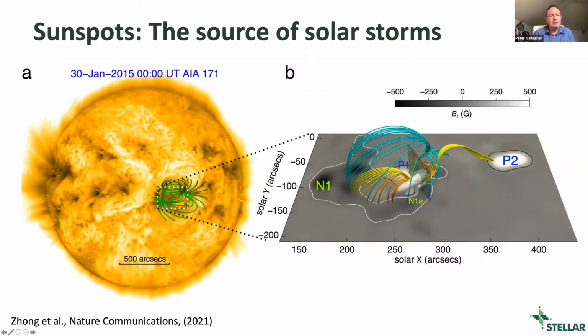But what they're able to do is model the structure of the sunspot group, look at the twist in the magnetic field, the formation of a flux rope in this case, which is a wound up magnetic field line, and then look at it going unstable.